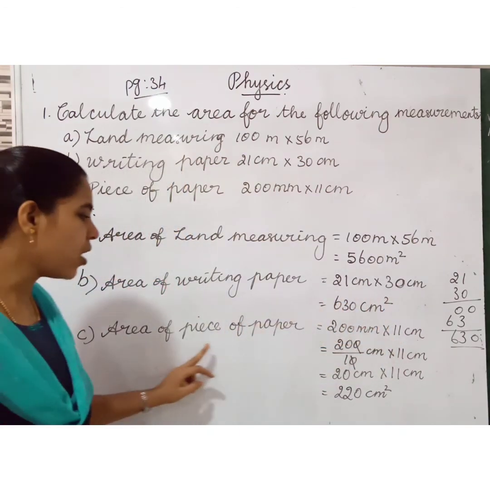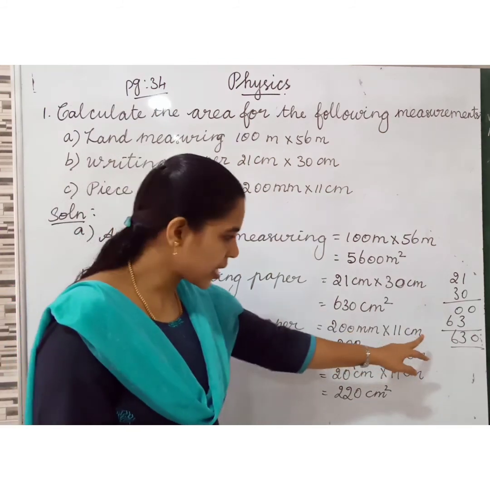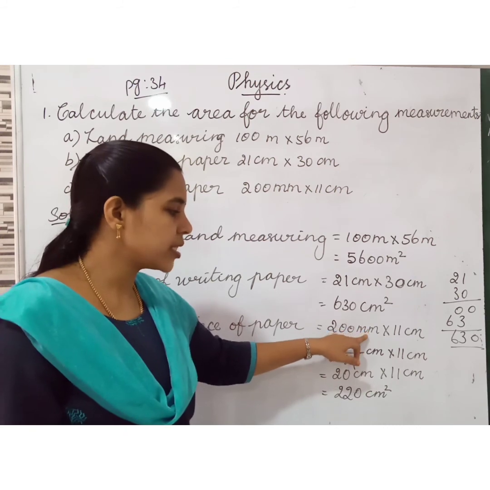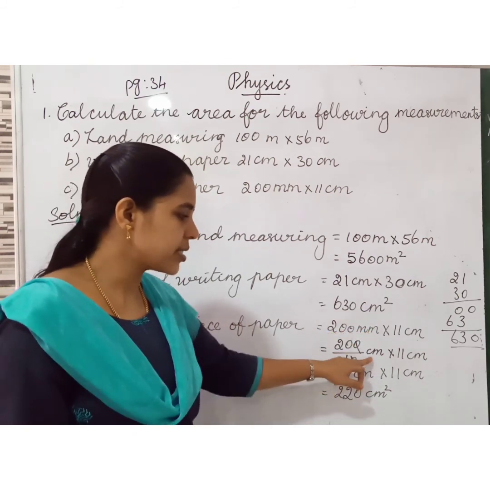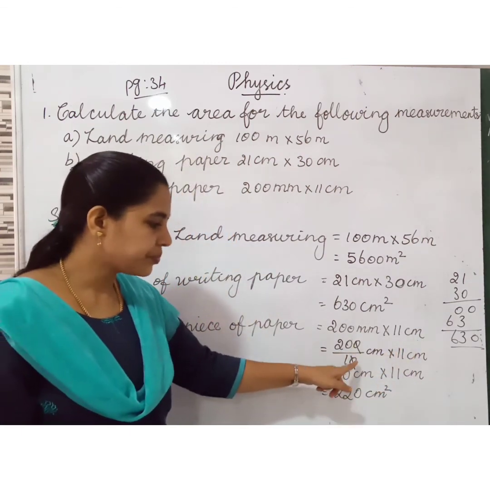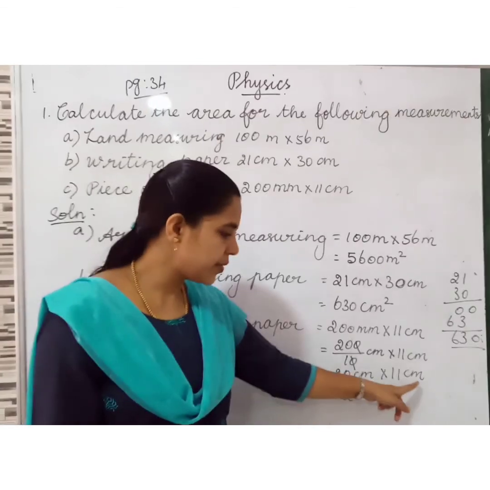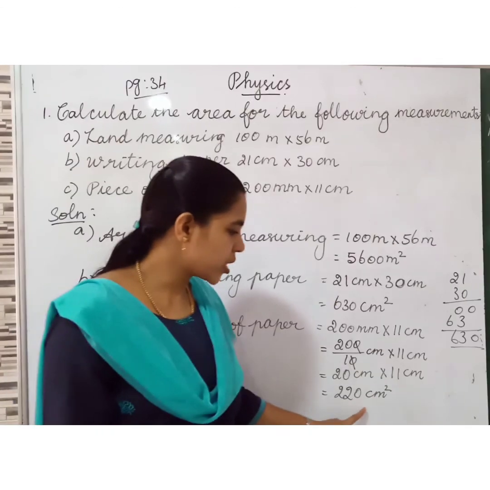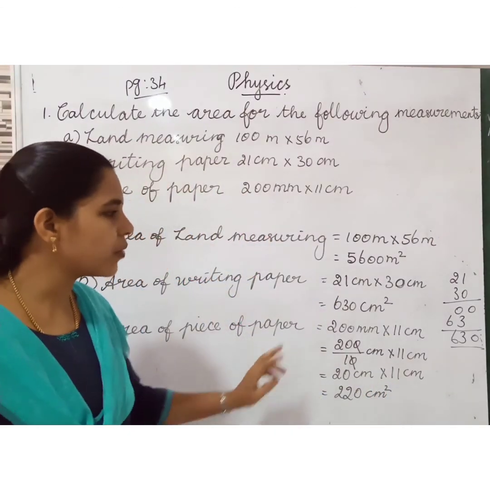Next one, area of piece of paper, 200 millimeter into 11 centimeter. This is in millimeter, so we change it into centimeter. 200 by 10 is 20 centimeter into 11 centimeter. Then multiply these numbers. 220 centimeter square. This is the area of the piece of paper.